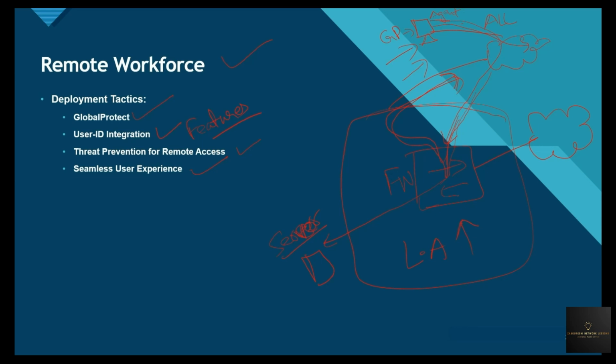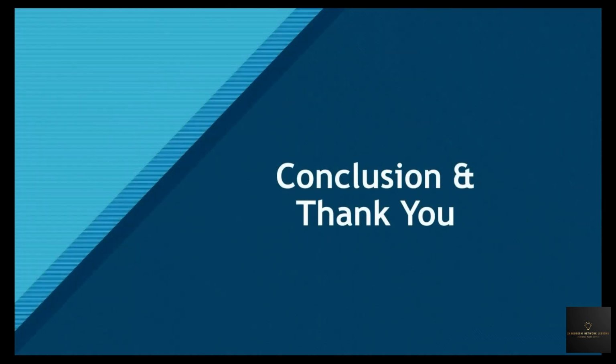So those were the different deployment scenarios that we have in the Palo Alto Networks Firewall. You have seen all of it today, and we have discussed in brief what all of those are and the tactics and the things that you keep in mind before implementing such a deployment of the Palo Alto Firewall.